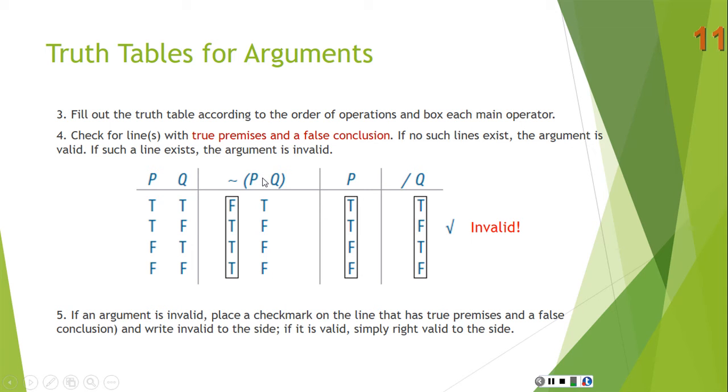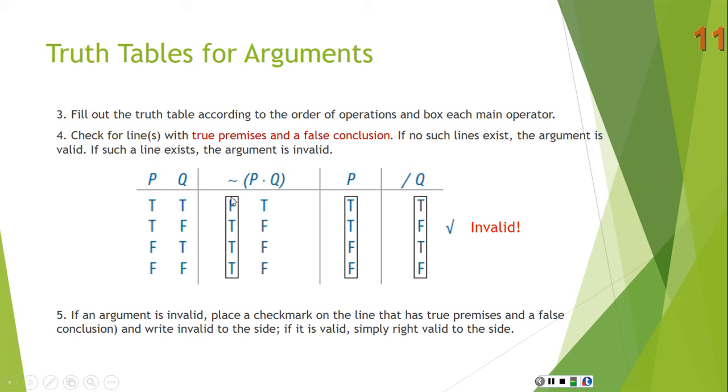Remember that when you come to a negation, the truth value for the negation is the opposite of the truth value of the thing it's negating. So, when the conjunction is true, a negation of the conjunction is false. When the conjunction is false, a negation of the conjunction is true, and so on.